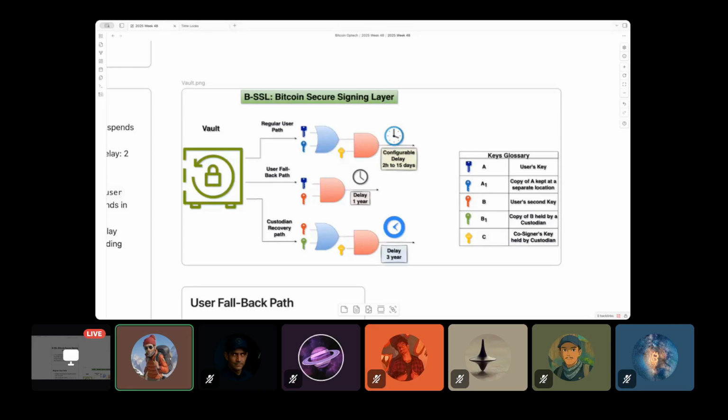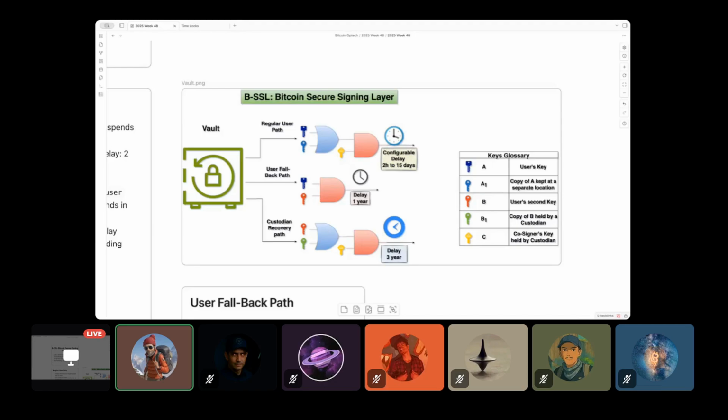Then finally, the third spending path is the recovery path, in which the user can spend with his second key, and the copy of B1 held with the custodian. So this is another custodian.